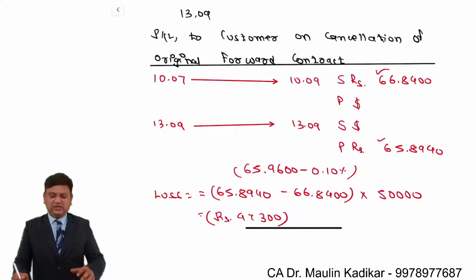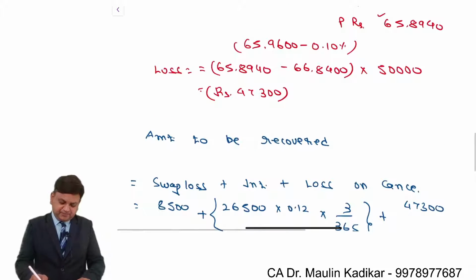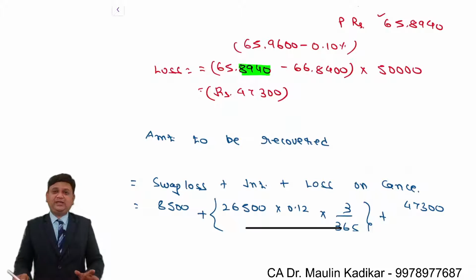Now friends, over here the institute has given suggested answer in which they have rounded this rate to 65.8950 that they have taken. Like the way they provide the number of times that the rates are required to be taken in the multiple of 0.0025.